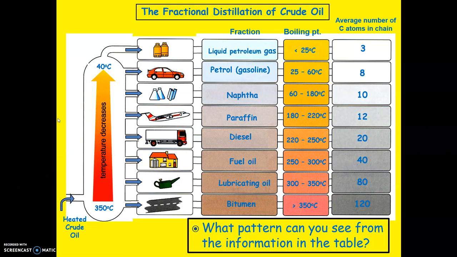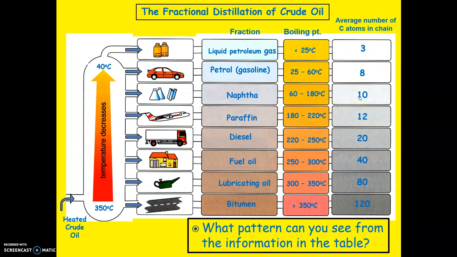Okay, so hopefully you had a good look at that information there, guys. A key GCSE skill for science is using data, analyzing it and interpreting what that data means. So we've got different temperatures here and different average numbers of carbon atoms in chains here.